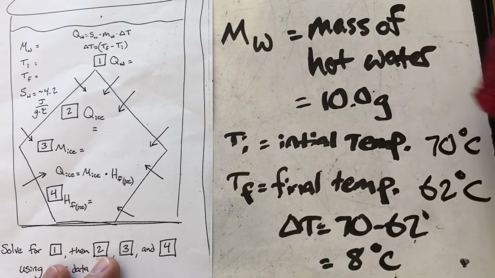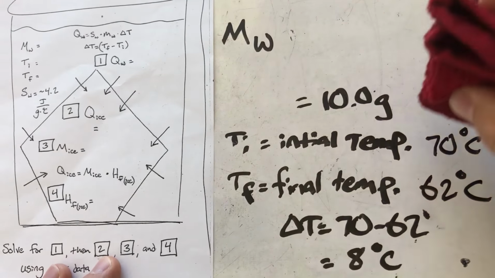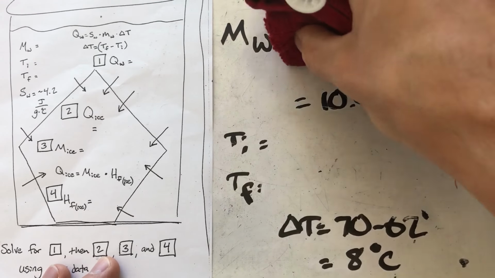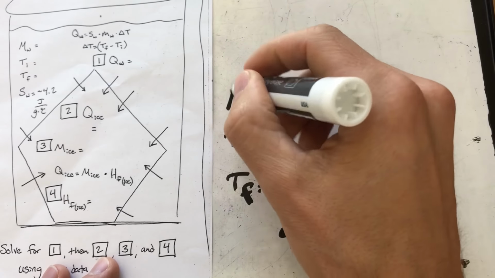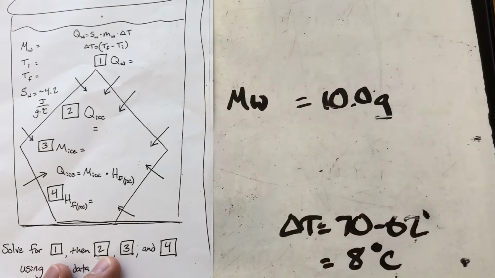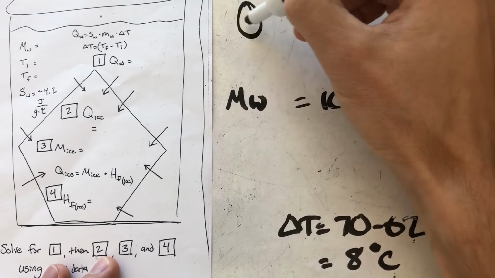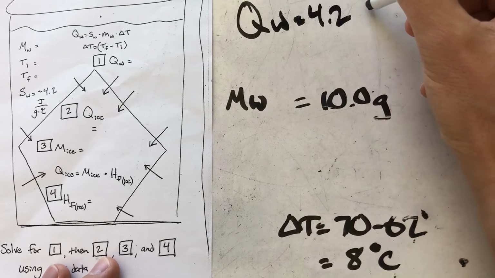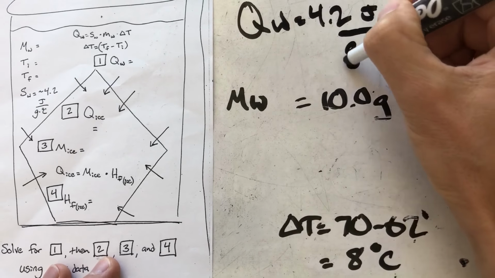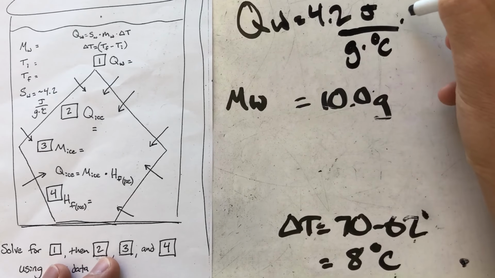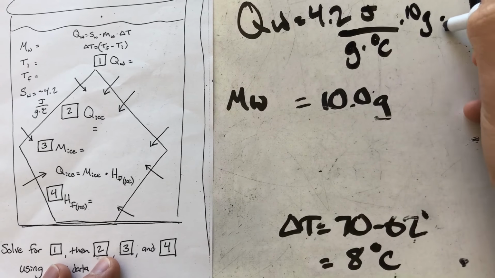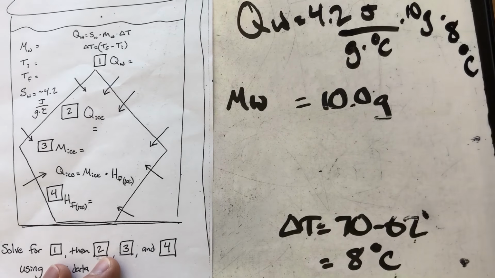We have our mass of hot water, MW, and we have our delta T. So now let's find QW. QW equals 4.2 joules per gram per degree Celsius times 10 grams times 8 degrees Celsius.